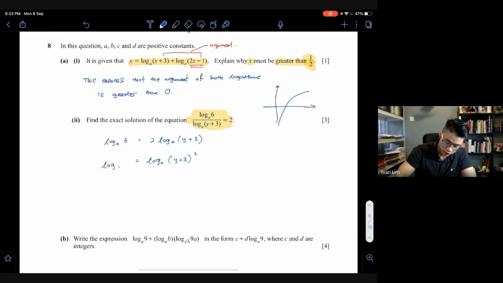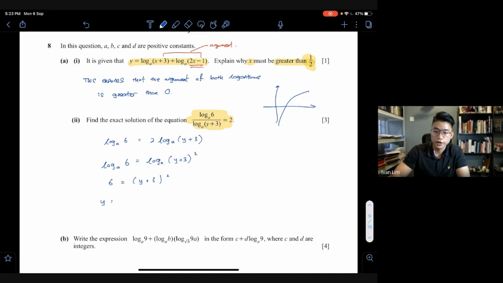Okay, so this is log A of 6 equals log A of y plus 3 squared. Both have the same base, so I can just compare. This will be 6 equals y plus 3 squared. Okay, I can just square root the entire equation, so it'll be plus minus square root of 6.